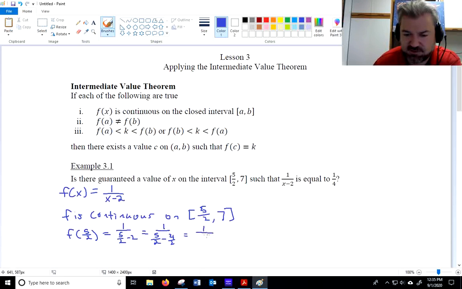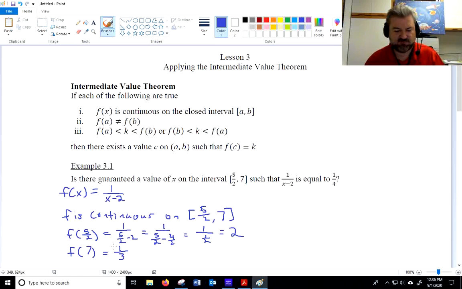So this becomes 1 over 1/2, and 1 over any fraction is simply its reciprocal, making the value 2. Let's see what f of 7 is. F of 7 is, I'm sorry, it's 1 over 5, in which case the value of 1/4 is in between 2 and 1/5.